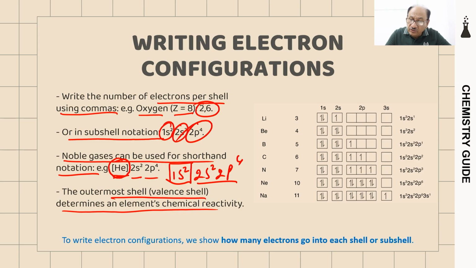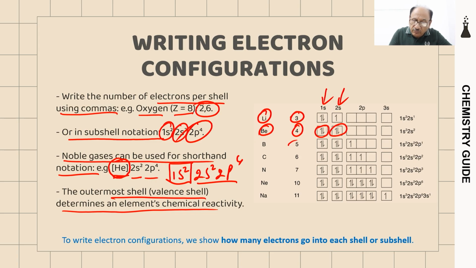So we have given here electronic distribution of some important elements. Lithium is having 3, so first one will be filled with the opposite spins and 2s will be having 1. And then beryllium, this will be 4 electrons, so 1s2 and 2s2.